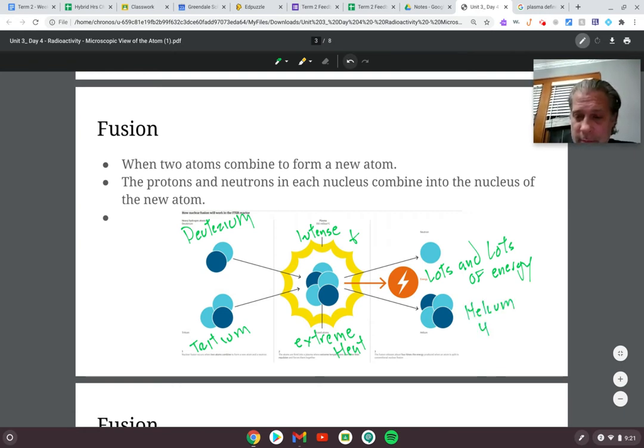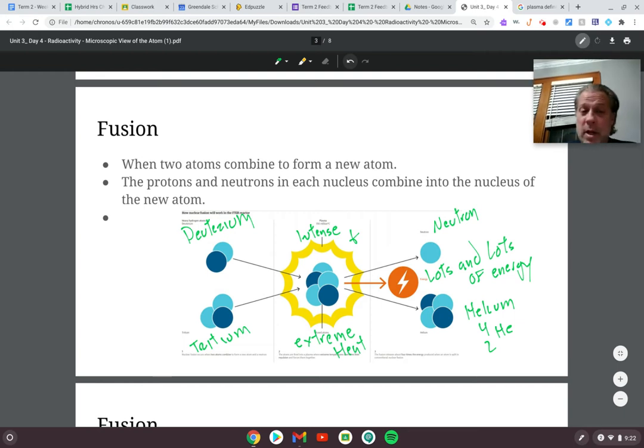So here we have an atomic mass of 4, and it has 2 neutrons and 2 protons, and we have the element helium. There also happens to be, in this instance, a single neutron that is just released as part of the energy. As a result, we have this intense amount of energy released when we form two atoms together.